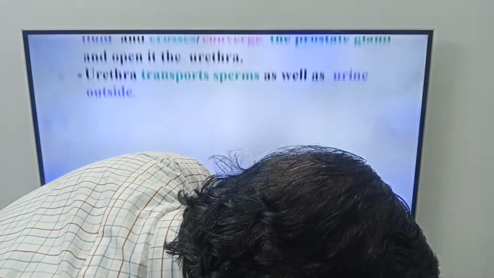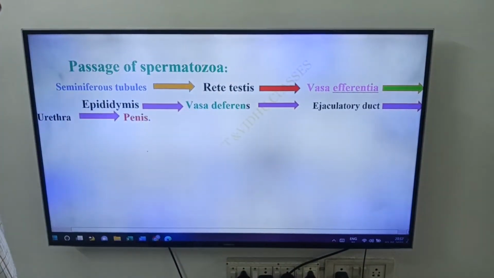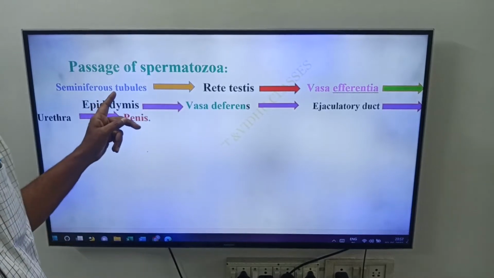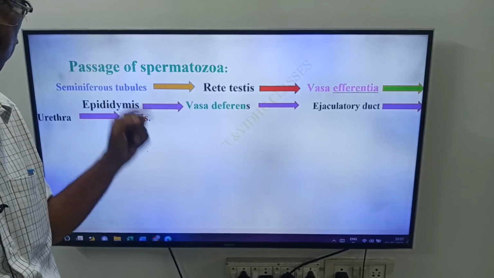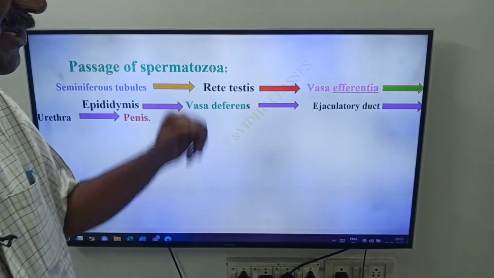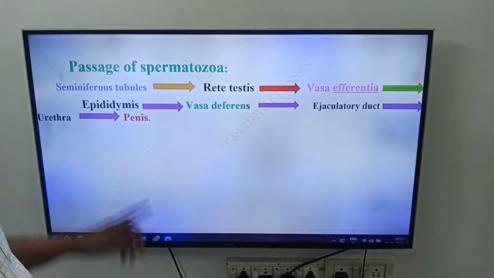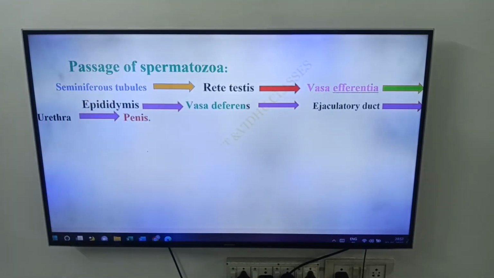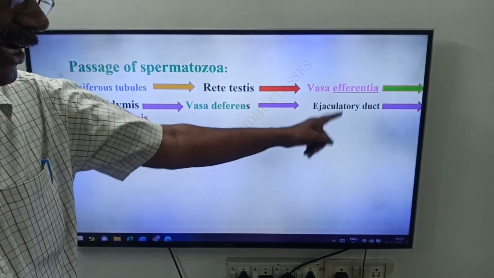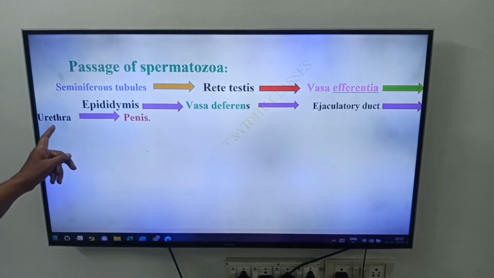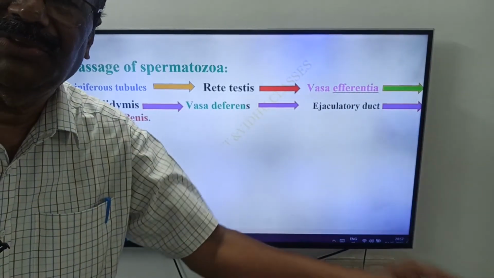Okay, friends. See, friends, this is for NEET and EAMCET. Passage of spermatozoa: production of spermatozoa takes place in the seminiferous tubule, friends. From there, rete testis to vasa efferentia, vasa efferentia to epididymis, epididymis to vas deferens, vas deferens to ejaculatory duct, ejaculatory duct to urethra, urethra to penis or into the vagina of the female.